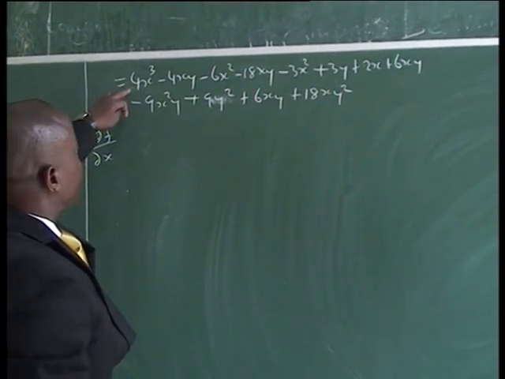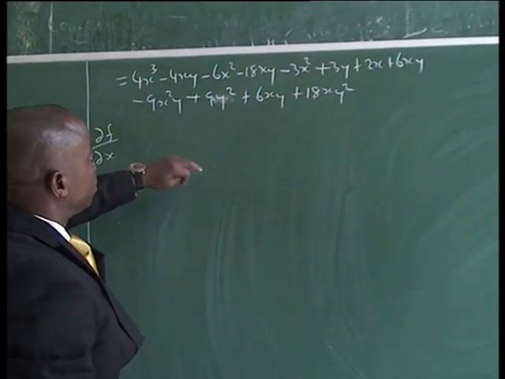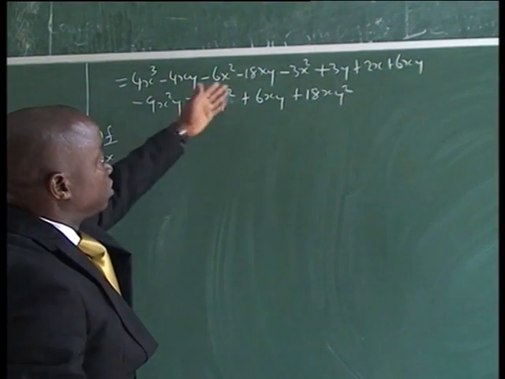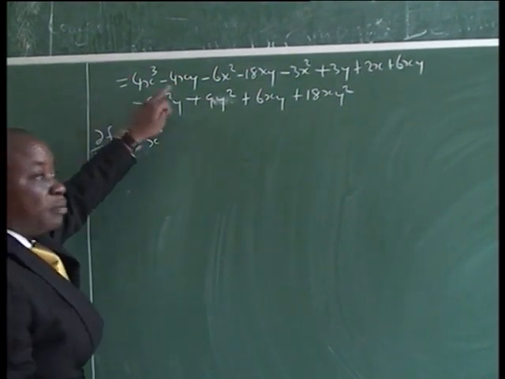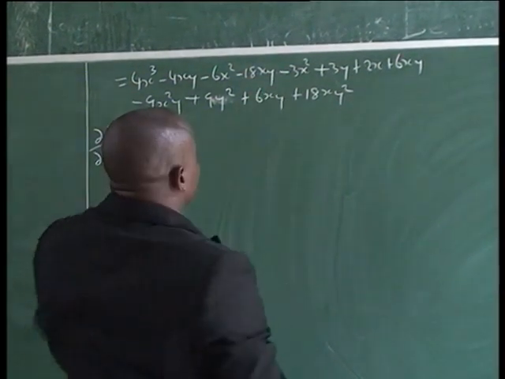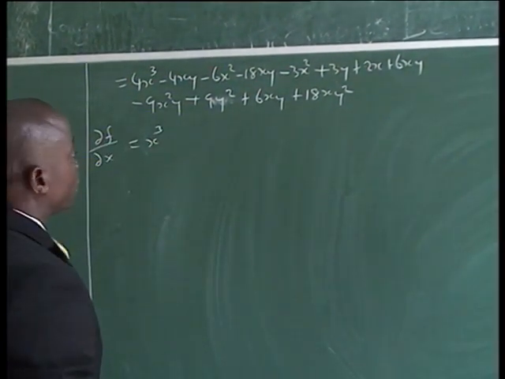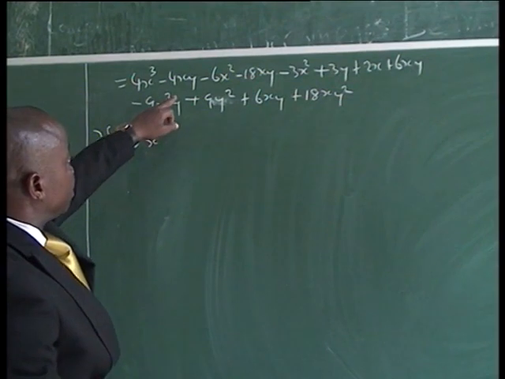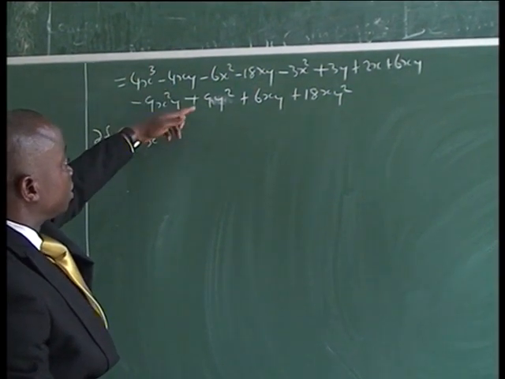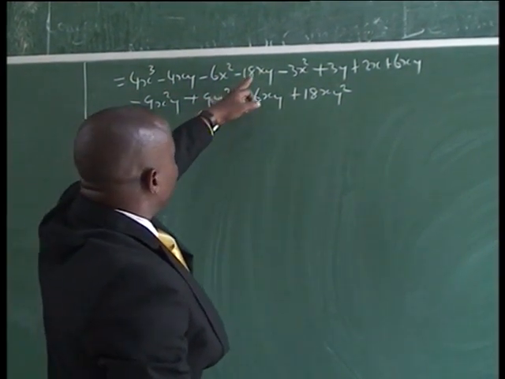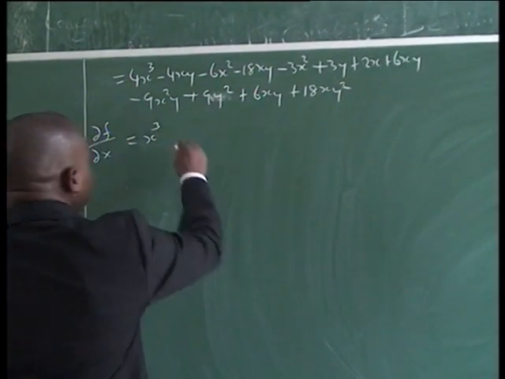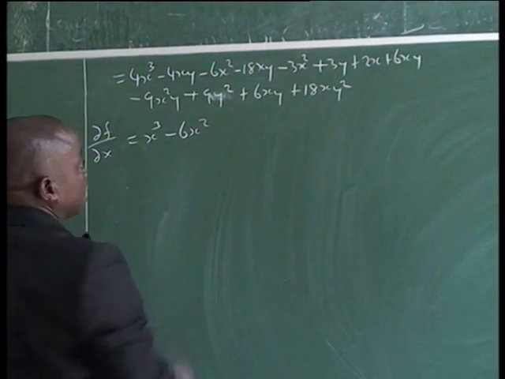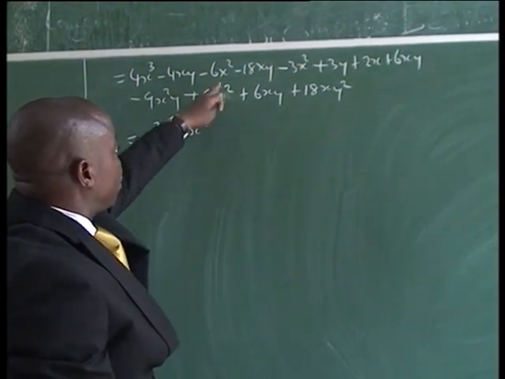Alright, so we have 4x cubed. Then for x cubed, we can write that as 4x cubed minus 3x cubed. Okay, we have another one, which is minus 4xy. Also have minus, okay, let's go for square, minus 6x squared. I think that is the only one that we have square for x.